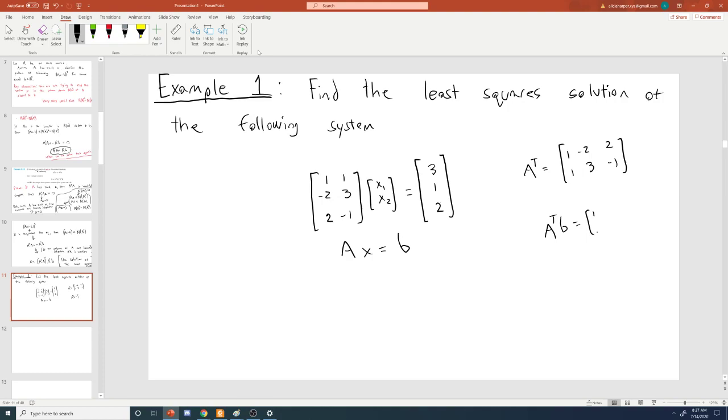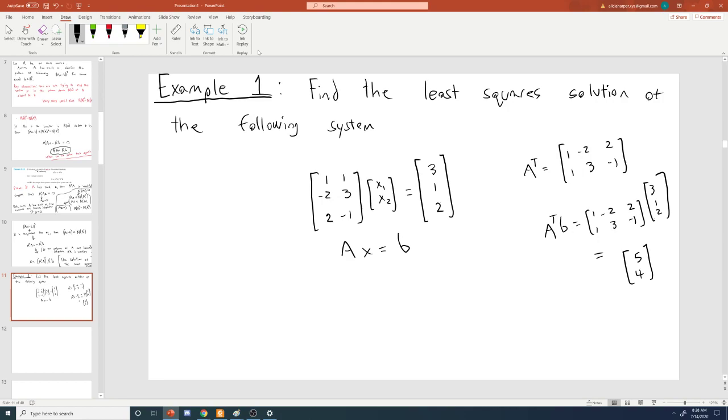This is 1, 1, negative 2, 3, 2, negative 1, multiplied by 3, 1, 2. If I do that, I get a vector with 2 rows: 5 in the first entry, and 4 in the second.